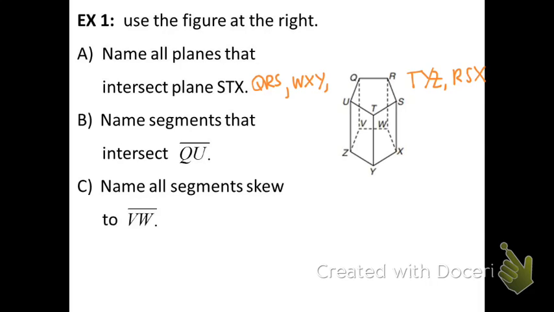Okay, B says name all the segments that intersect QU. So QU right here, we want to know all the segments that intersect that segment. So we can see QR, first of all. Okay, we also have QV.